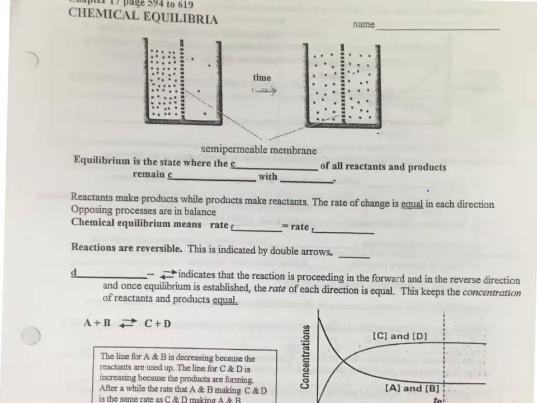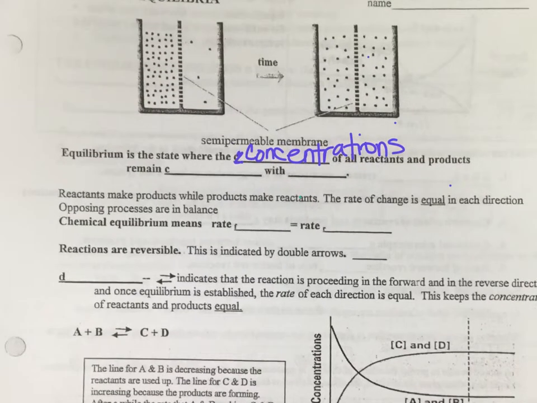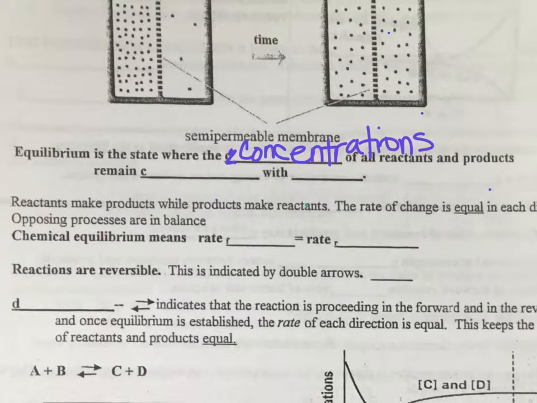So equilibrium is just the state where the concentrations of all the reactants and products remain constant with time. So after time passes, concentrations just start leveling out. They just stop, okay? But as you guys could see, transfers were still happening.